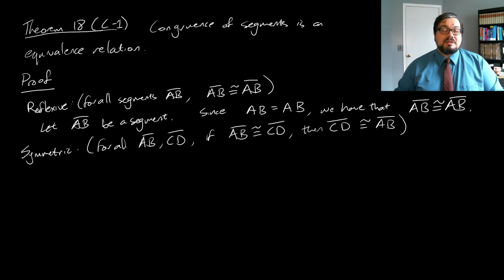In an equivalence relation, the order that you write things down in doesn't matter. Now, this is different from other relations like less than or equal to, where the order might matter. But we want to say that for congruence it doesn't matter. It should be the same thing to say that AB is congruent to CD and to say that CD is congruent to AB.